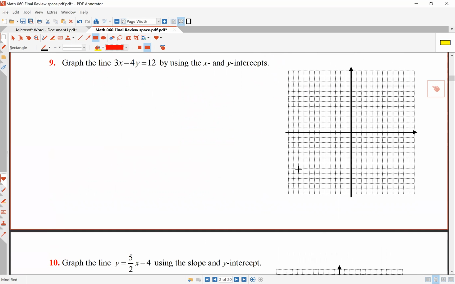Graphing 3x minus 4y equals 12 by using the x and y intercepts. There are two ways of going about doing this. One of the ways is the more standard approach, which is that we normally write it in slope-intercept form first.